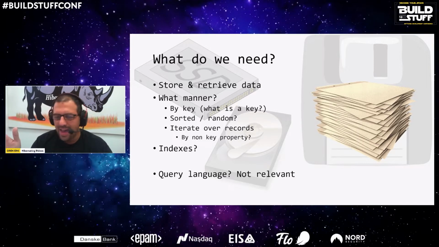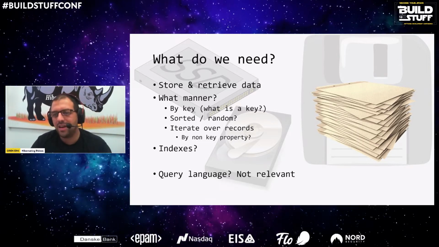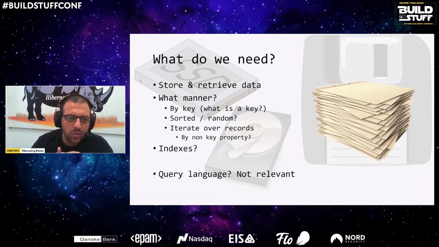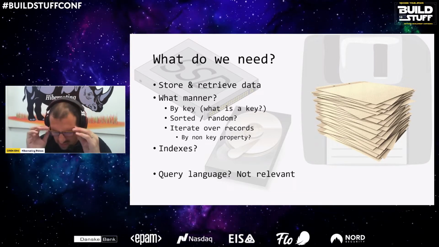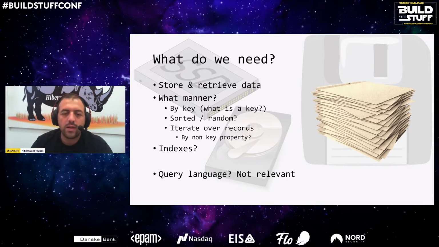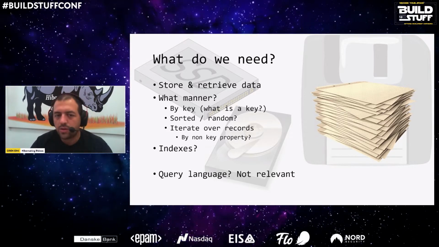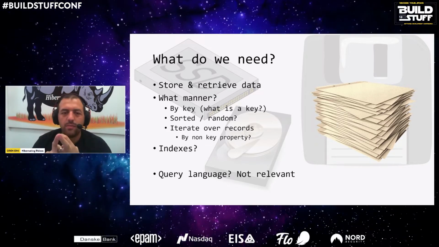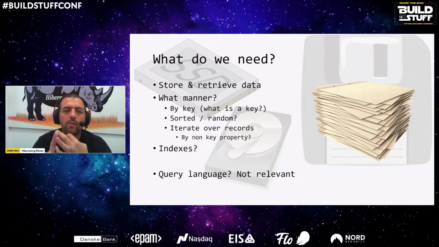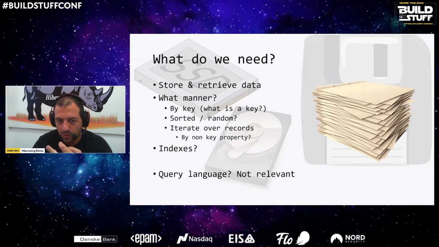It turns out that the query language, the way that you do that, doesn't actually matter. In the end, every database has to deal with those questions. How do I store the data on disk? How am I able to iterate over it? How am I able to find a particular record?